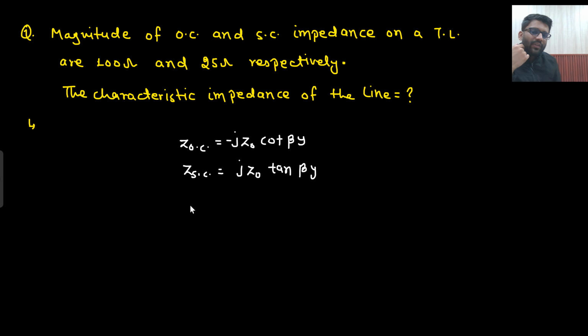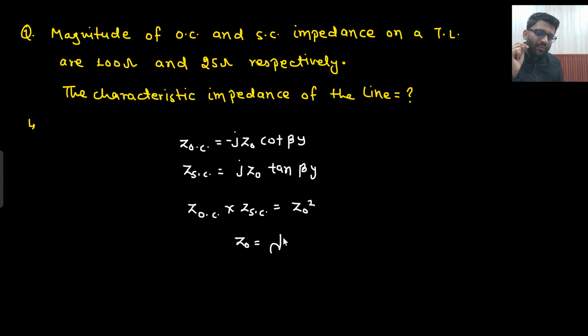If I multiply both of them, Z open circuit into Z short circuit, j into minus j will be 1, Z naught into Z naught will be Z naught square, and tan beta L into cot beta L will be 1. So what I am getting?